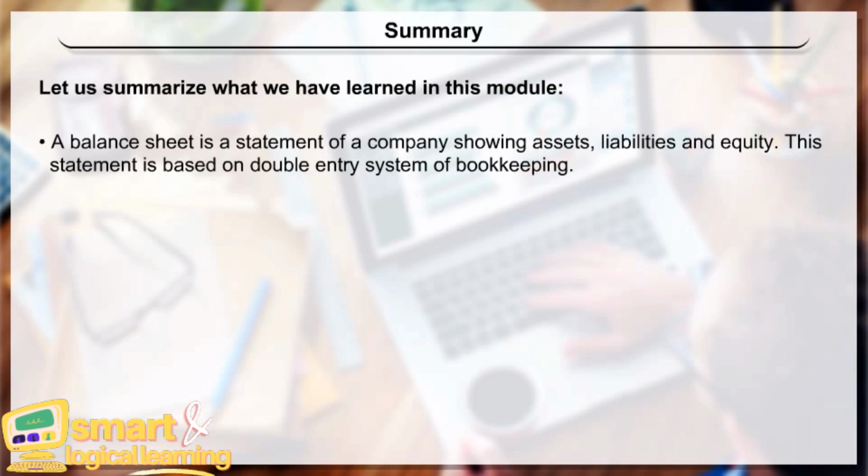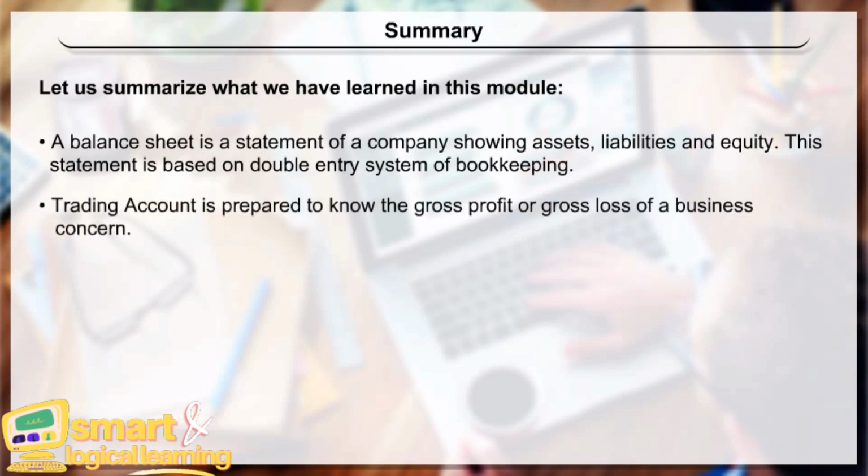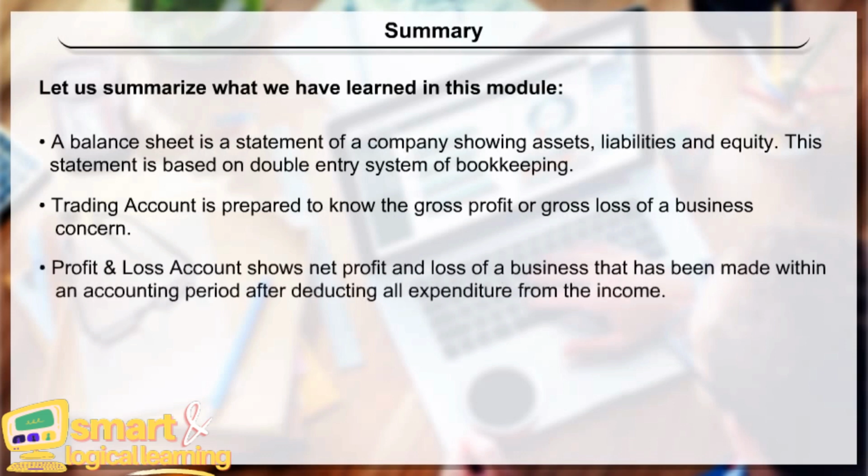This statement is based on double entry system of bookkeeping. Trading account is prepared to know the gross profit or gross loss of a business concern. Profit and loss account shows net profit and loss of a business that has been made within an accounting period after deducting all expenditure from the income.